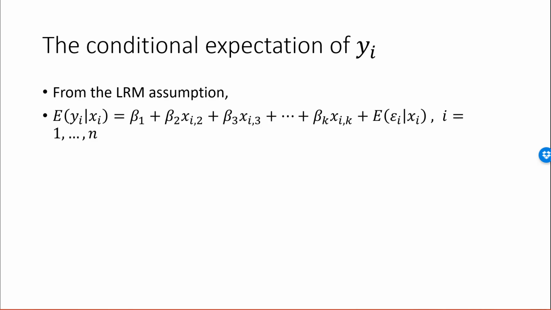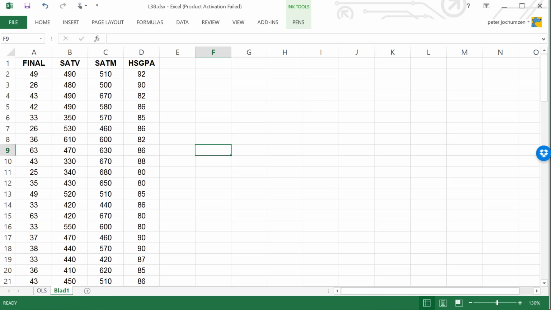If we look at the conditional expectation of yi, we take the conditional expectation on both sides. And this needs to be pointed out: I am now conditioning on xi. What that means is that I'm conditioning on all the explanatory variables for that individual. So take a data set like this. I am now asking, what's the expected result that a student will get on the final, given that this student had a particular SATV score, a particular SATM score, and a particular GPA score?